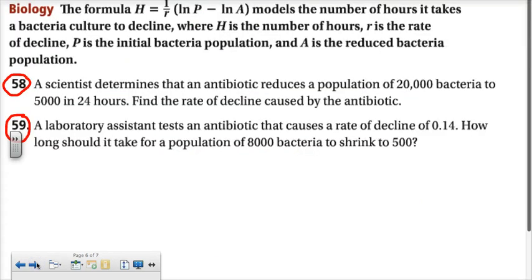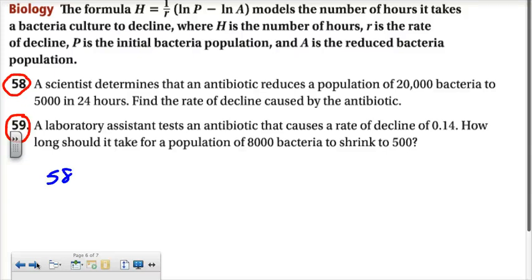Then biology, it says the formula h equals 1 over r times the quantity natural log of p minus natural log of a models the number of hours it takes a bacteria culture to decline, where h is the number of hours, r is the rate of decline, p is the initial bacteria population, and a is the reduced bacteria population.